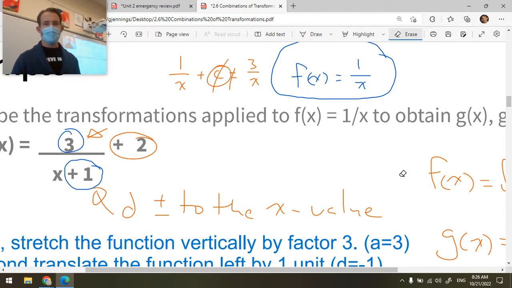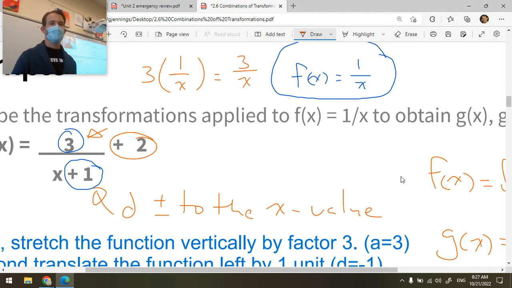So the thing that happened to take 1 over x and make that 3 was we had to multiply this by 3, and that would equal 3 over x. So this here is multiplying the whole function.